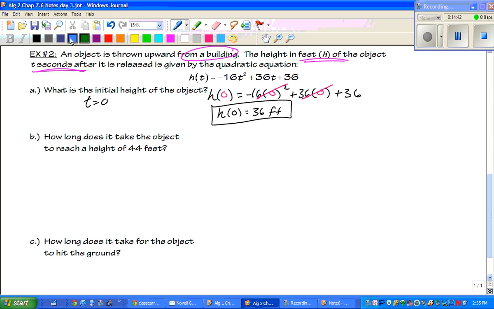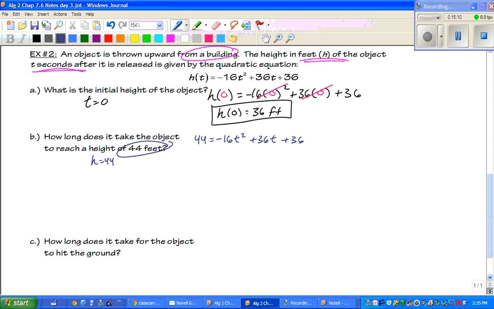All right, the next one now is telling us that h equals 44. So 44 equals -16t squared plus 36t plus 36.